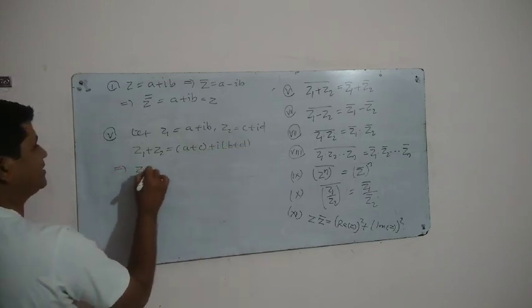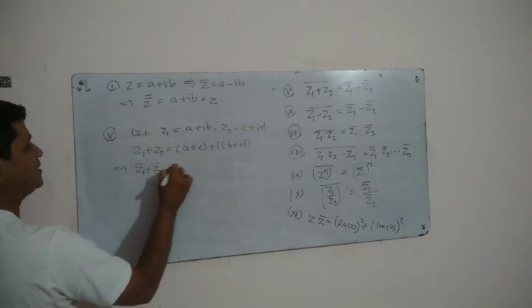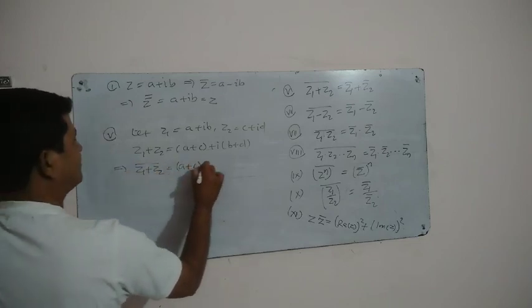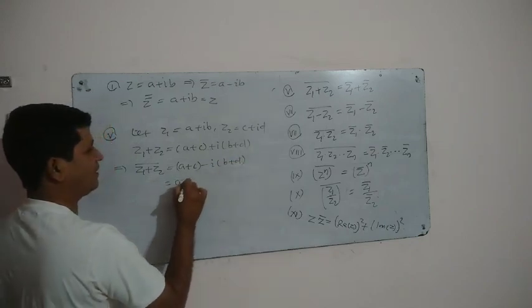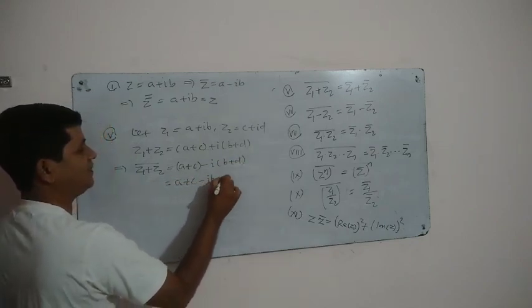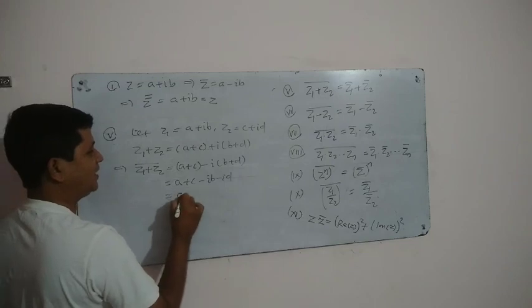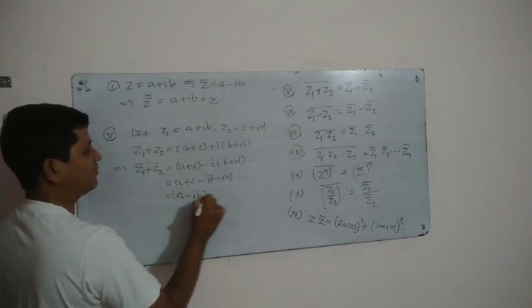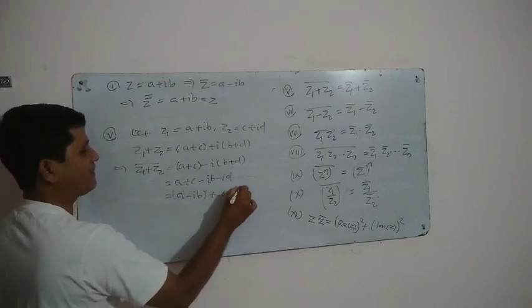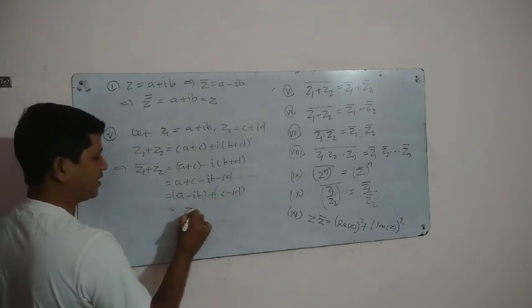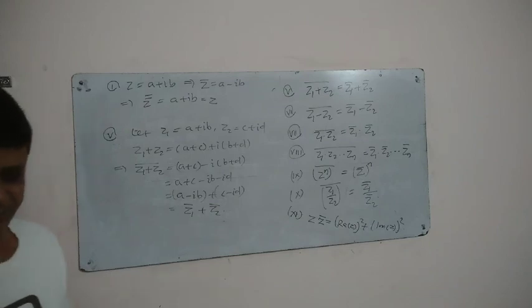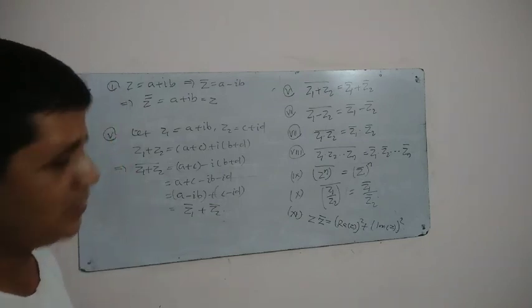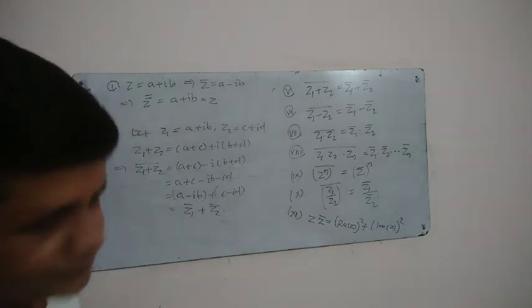Then Z1 plus Z2 whole conjugate is a plus c minus i into b plus d, which is a plus c minus ib minus id, that is a minus ib plus c minus id, and this is the conjugate of Z1 plus the conjugate of Z2. Similarly, you prove the rest of the properties.